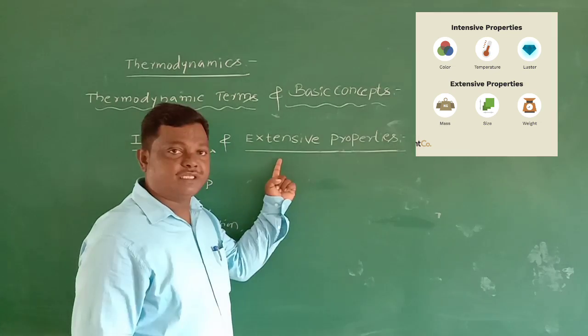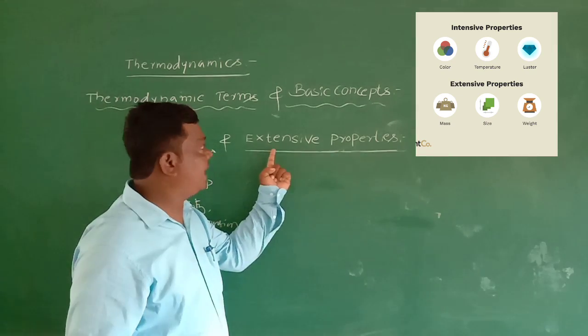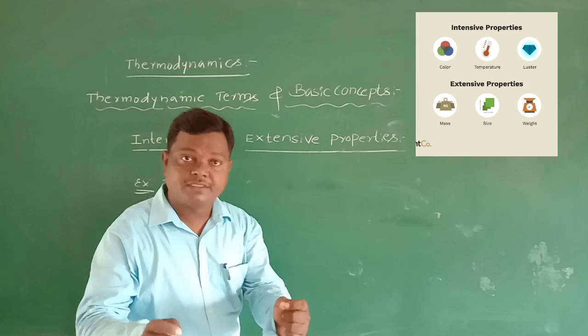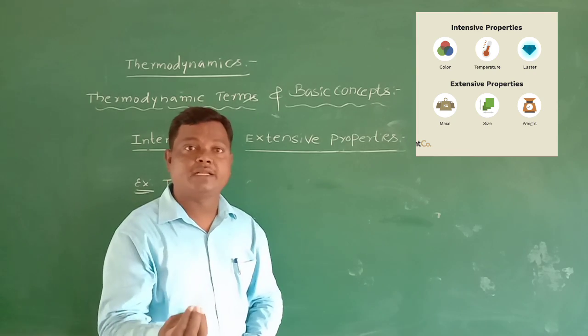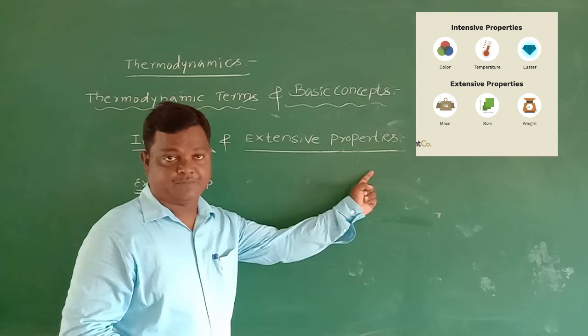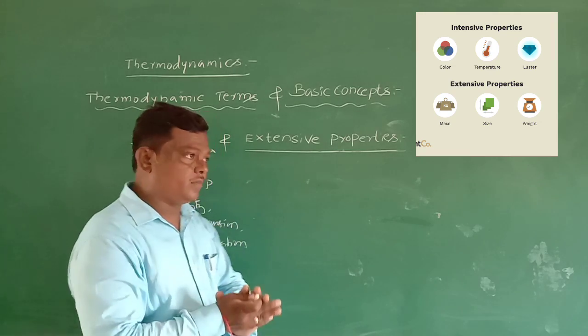The second bulk property of the system is the extensive property. A property which depends on the quantity of matter in the given sample is known as an extensive property. Let us see the examples.